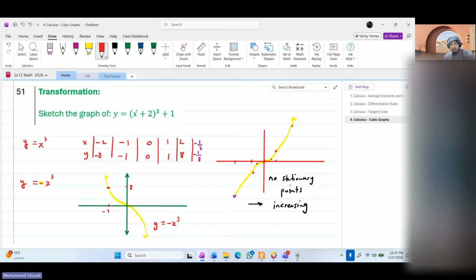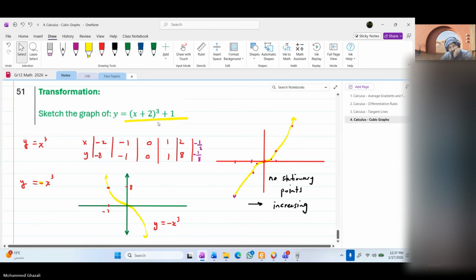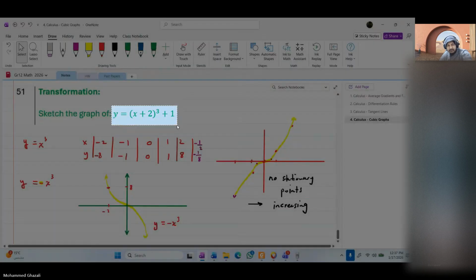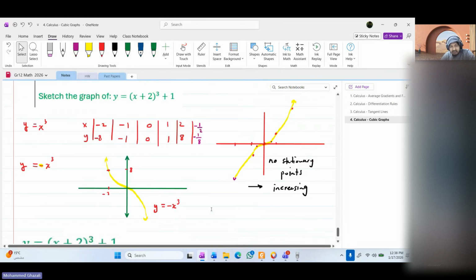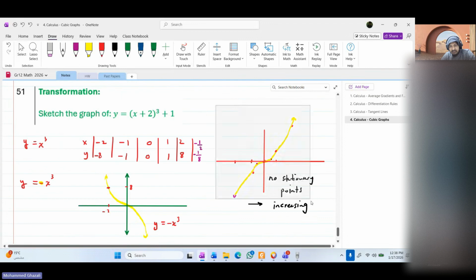Now, think about this graph: (x plus 2) all cubed plus 1. It means I'm shifting this graph. We want to sketch this graph, and it's basically taking this graph that we have here.